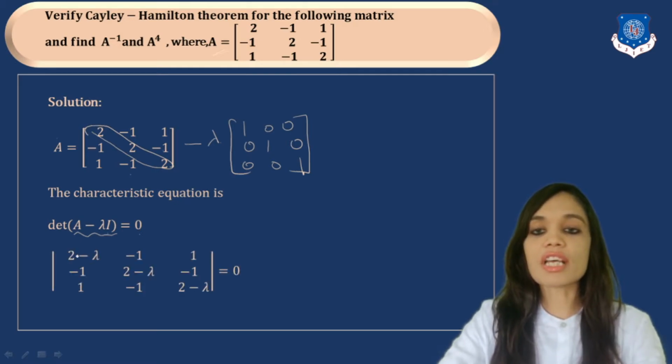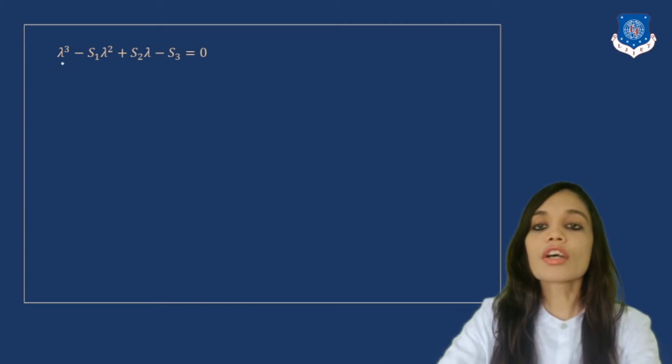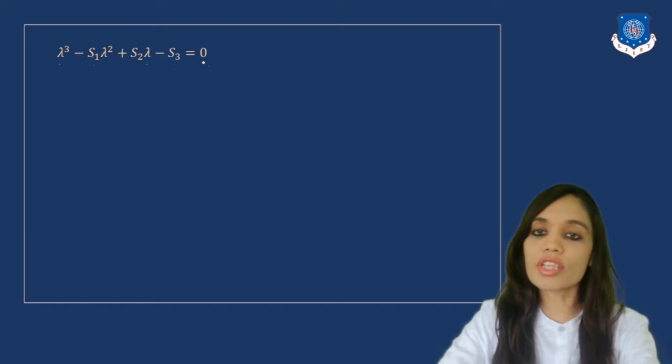So the changes are 2 minus lambda, 2 minus lambda, 2 minus lambda. All other elements will remain the same because we have zeros everywhere else. Now let us find the characteristic equation using our shortcut technique for a matrix of order 3 cross 3, which is given by lambda cube minus s1 lambda square plus s2 lambda minus s3 equals 0.